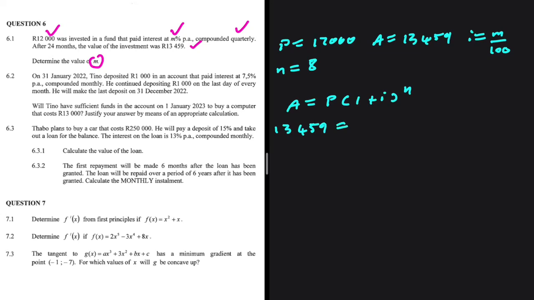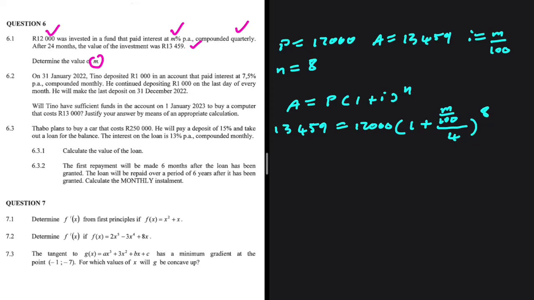The principal amount, 12,000 multiplied by 1 plus I, the interest, which is M divided by 100. Everything divided by 4. Why are we dividing by 4? Because it is compounded quarterly. Everything to the power 8.